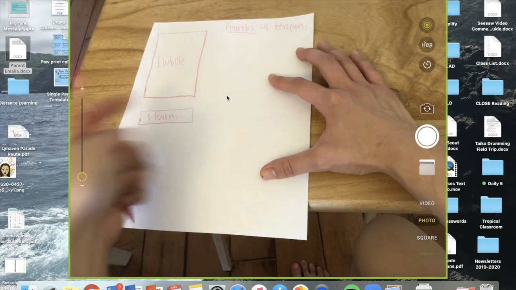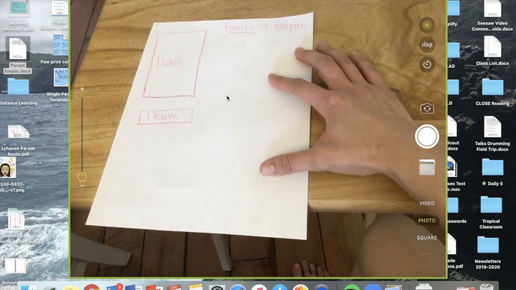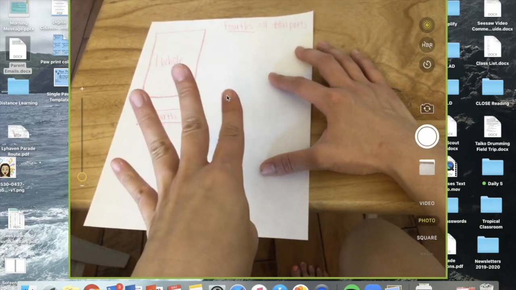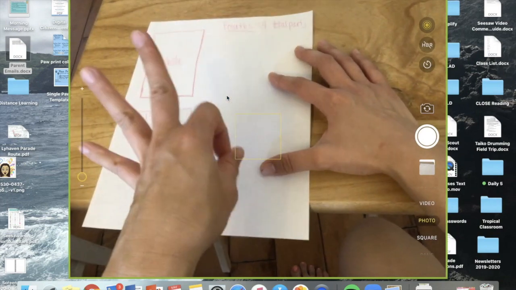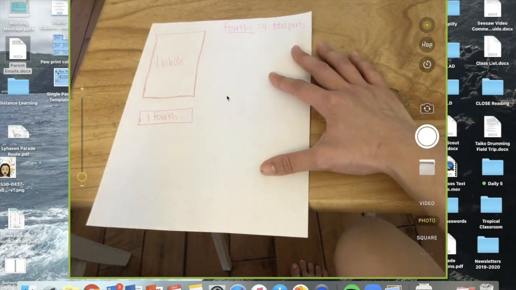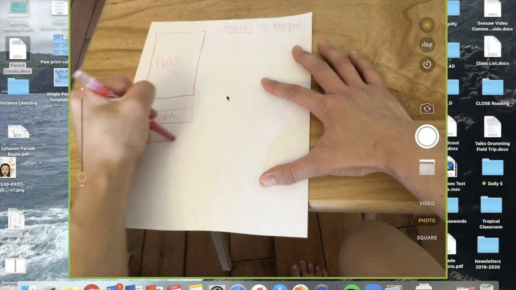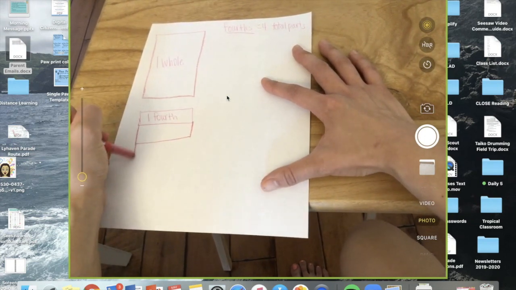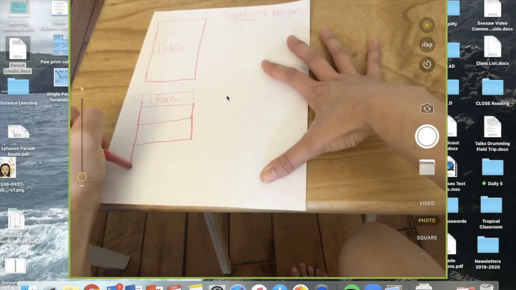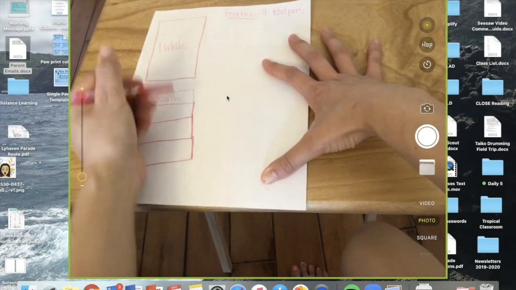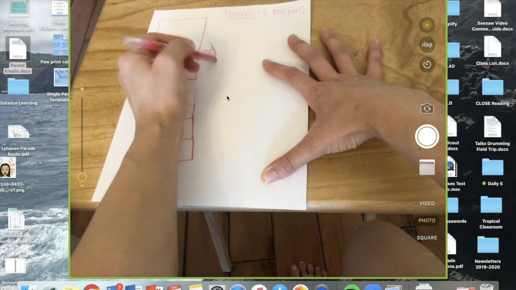And I need to create the shape so that it looks like this rectangle. All right? So now I need to add on, remember that it's fourths, I have 4 total parts, but I only have 1 right now. So I need 3 more, okay? So I'm going to draw almost like my parts like this. And I'm going to add on to that rectangle so it looks the same as this top one right here, okay?